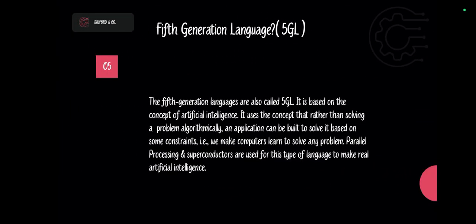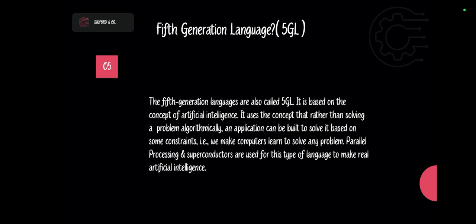Now we have the 5GL, or the fifth generation language. The fifth generation languages are also called 5GL. It is based on the concept of artificial intelligence, or AI. It uses the concept that rather than solving a problem algorithmically, an application can be built to solve it based on some constraints. So we make computers learn to solve any problem.